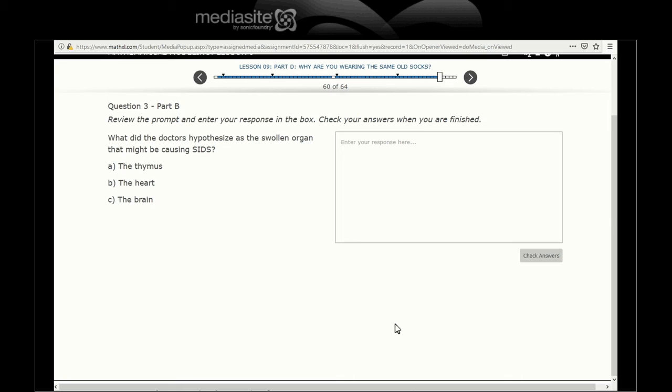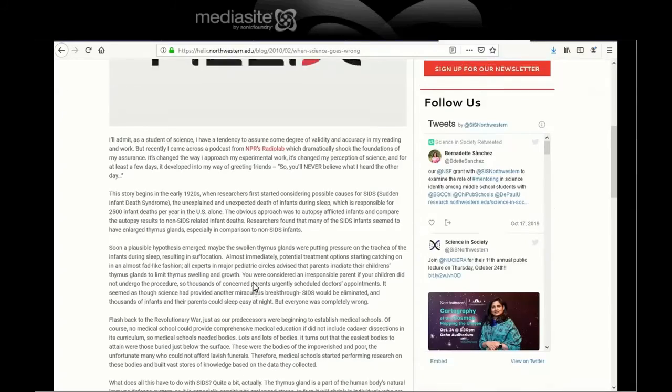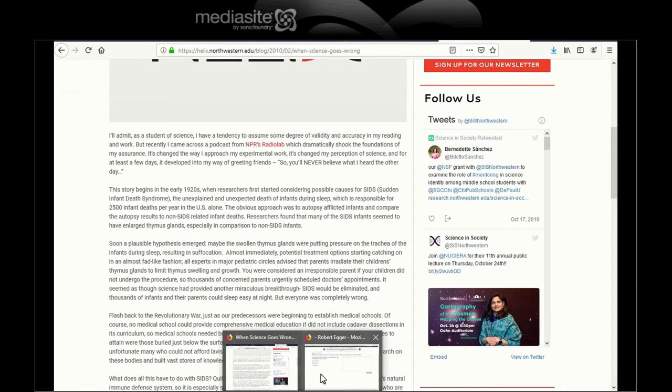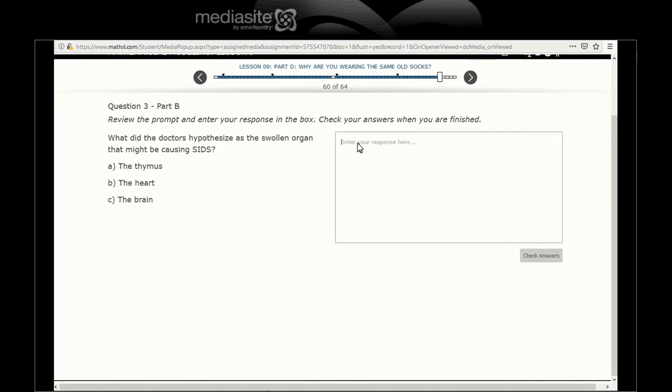What did the doctor hypothesize as the swollen gland that might be causing SIDS, sudden infant death syndrome? Let's see what we got here. Researchers found that many of the SIDS infants seem to have a large thymus gland. I'm not quite sure what the thymus is.